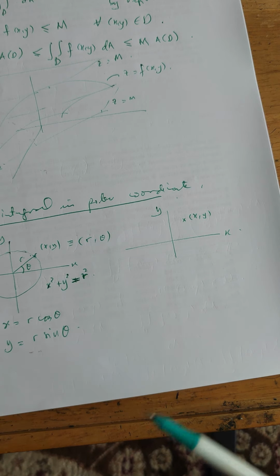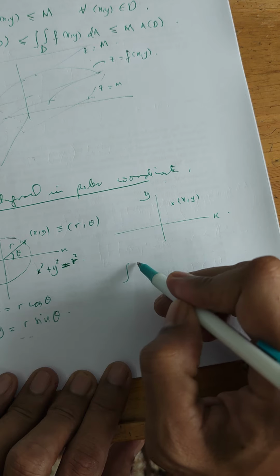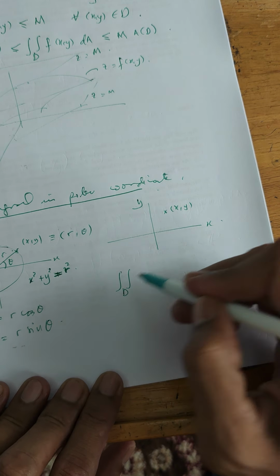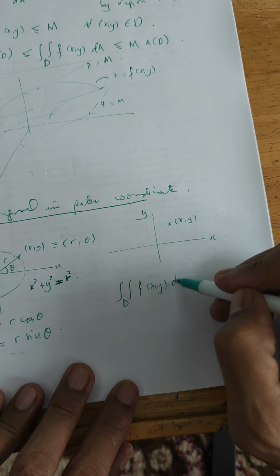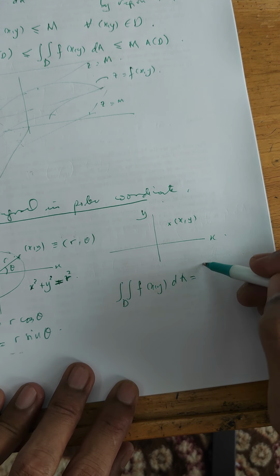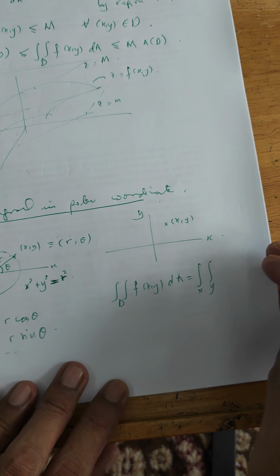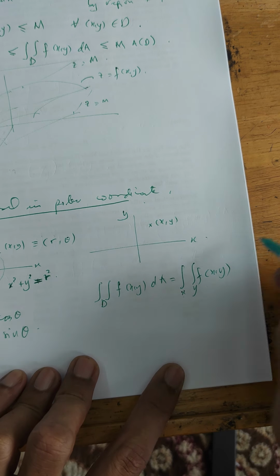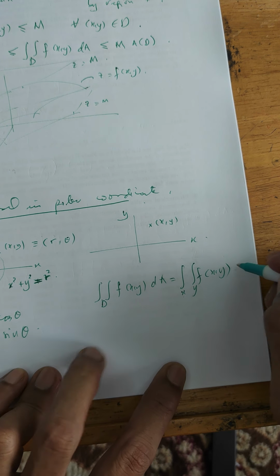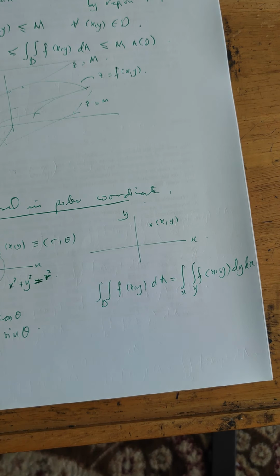So remember that for the double integral over a region D of f(x,y) dA, we can specify what x is, what y is, the limits of the integration, and then f(x,y), and for this dA we have dy dx.